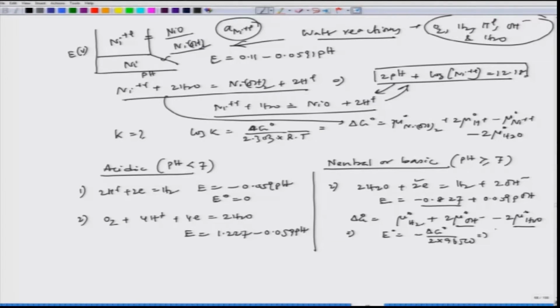So, let me reiterate the same values once again. mu0 OH minus equal to minus 147.1 joule, and mu0 H2O equal to minus 236964.2 joule per mole, and of course this quantity is 0, and you get minus 0.827.